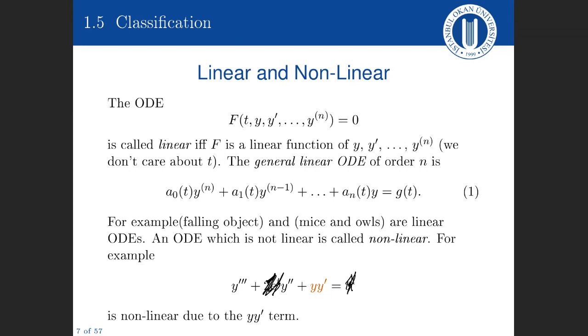Let's cross off all of the derivatives. Then what are we left with? Then we're left with y plus y squared is equal to 0. I don't have y plus y plus y is equal to 0 because I have this extra squared term. Anything that's more complicated than just y on its own means that it's non-linear.